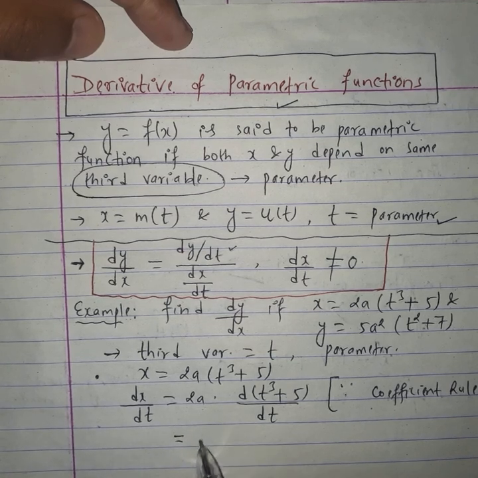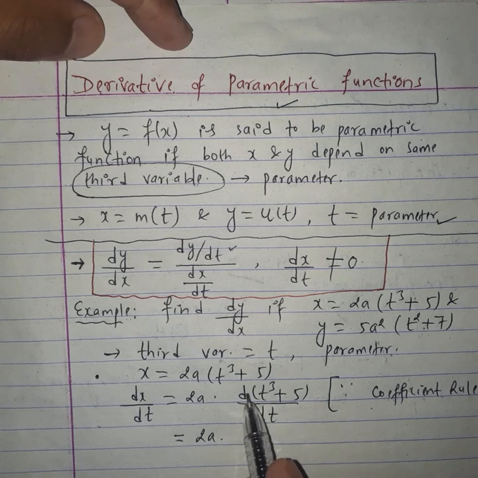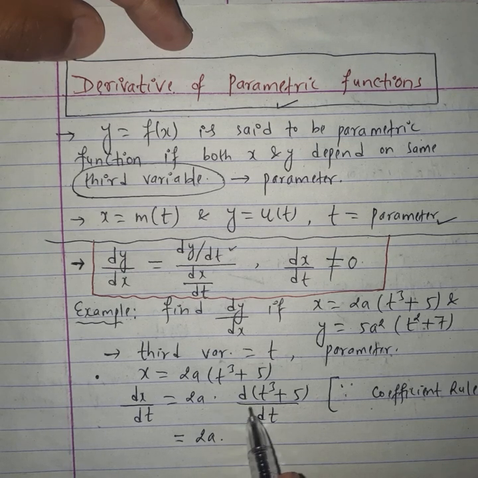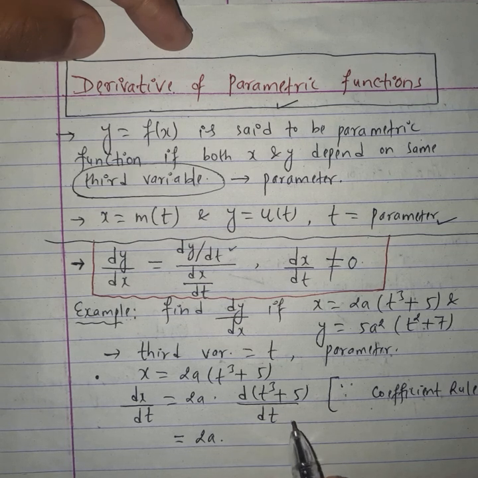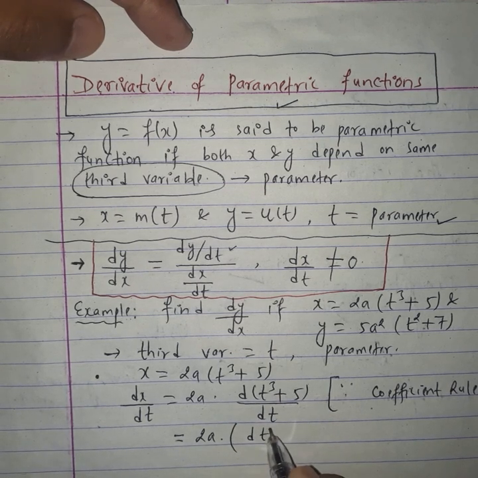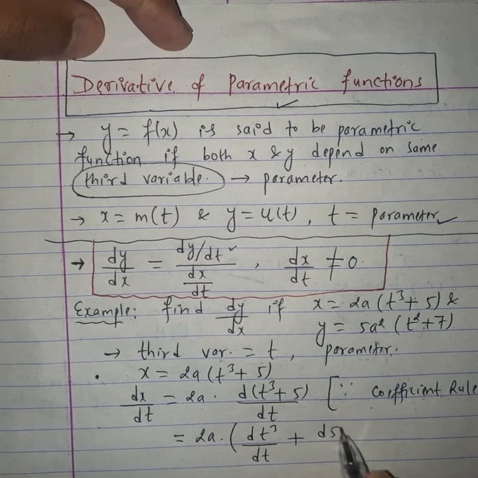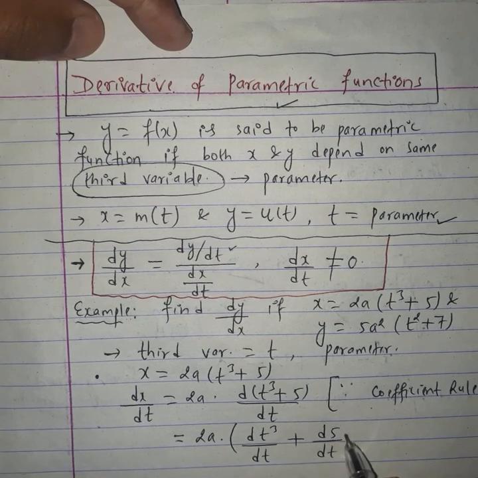This is equal to 2a times, here we can distribute this derivative d over dt over the addition by the law of the differentiation of the sum. This is the same as the derivative of the function t cube with respect to t plus the derivative of 5 with respect to t.